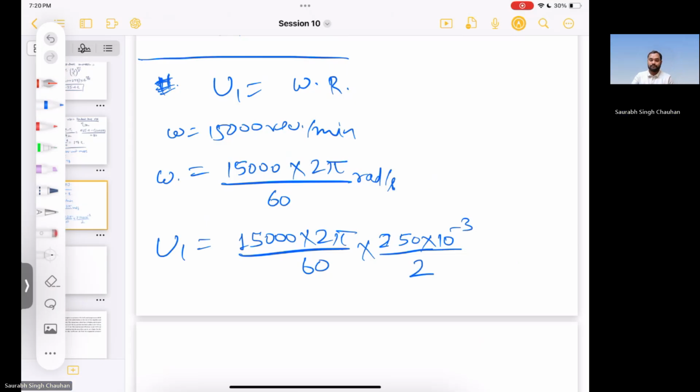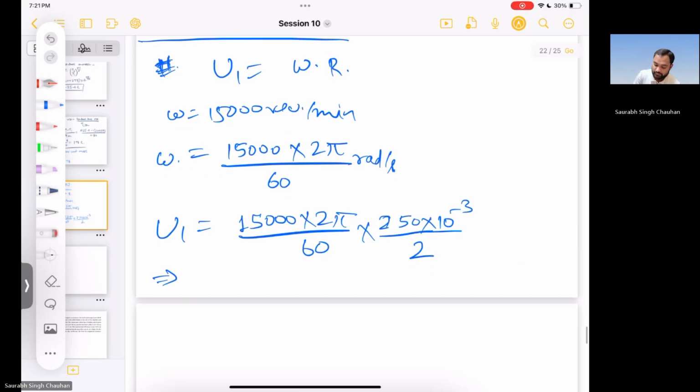This is the blade velocity, U1, which comes out to be 196.4 meter per second.